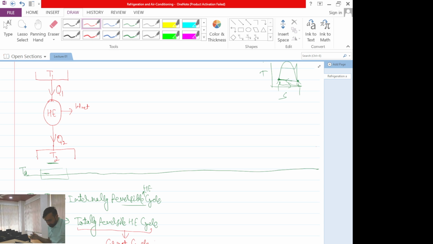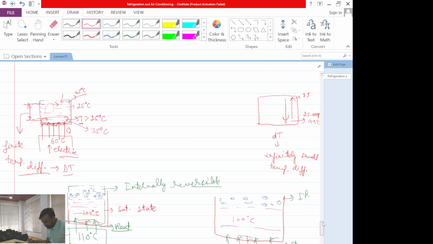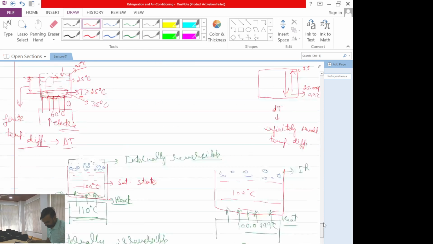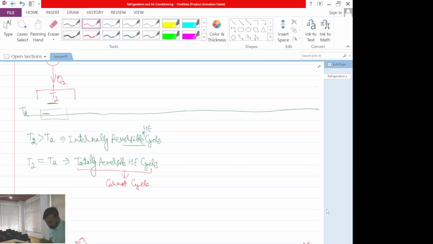So for a heat engine, one important condition I have got is that T2 has to be greater than or equal to TA. If it is equal to TA, we are talking about a totally reversible heat engine. If it is greater than TA, we are talking about internally reversible.